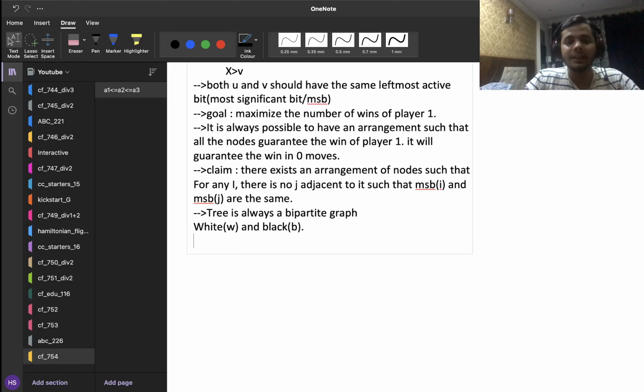Without loss of generality I can always assume that W is less than or equal to B, because if that is not the case I can just swap W and B. Also, W plus B is obviously equal to N. So if W plus B equals N and W is less than or equal to B, I can say that W is less than or equal to N by 2.